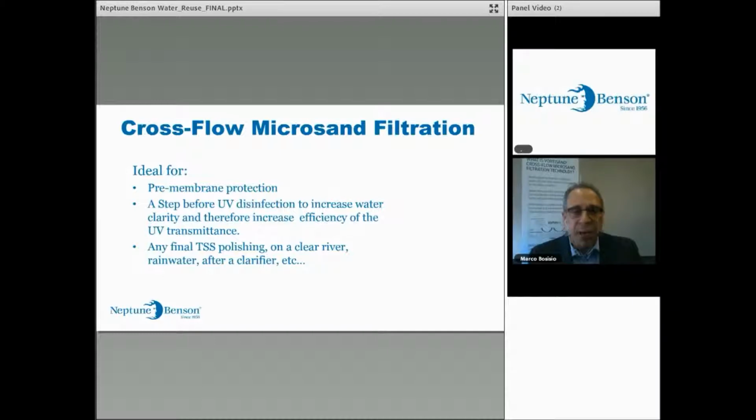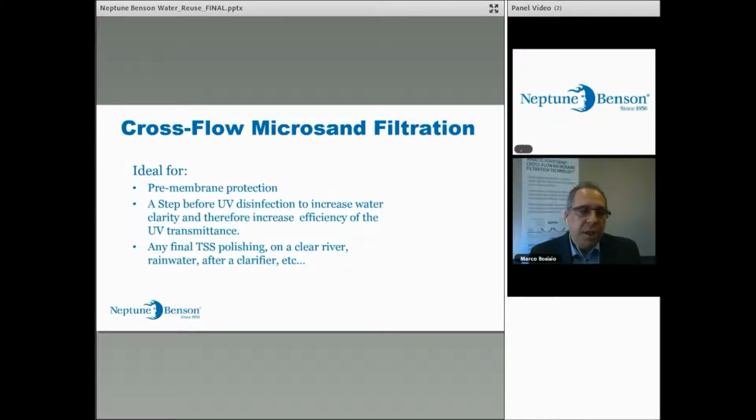It has been shown that, for example, in cooling systems, particles below 5 micron are the ones that stick to the surfaces. So by being able to capture 5 micron particles and less without using chemicals, it's a huge feature that is available through microsand filtration.